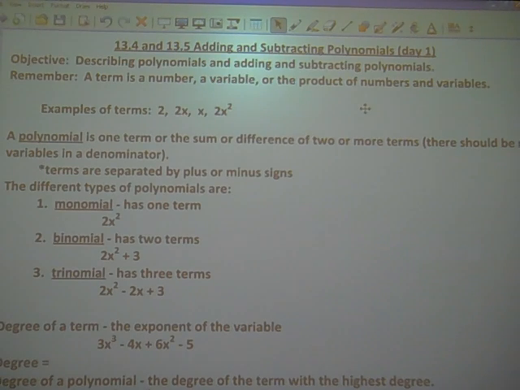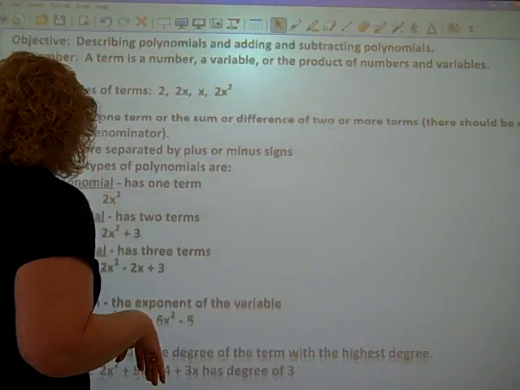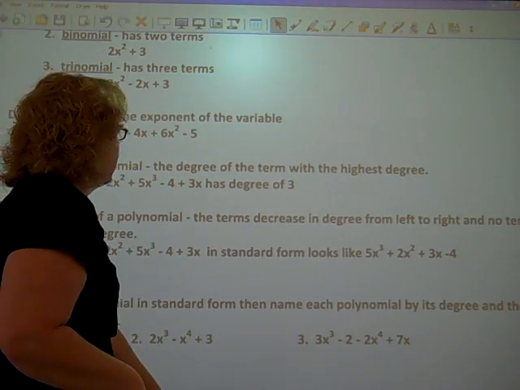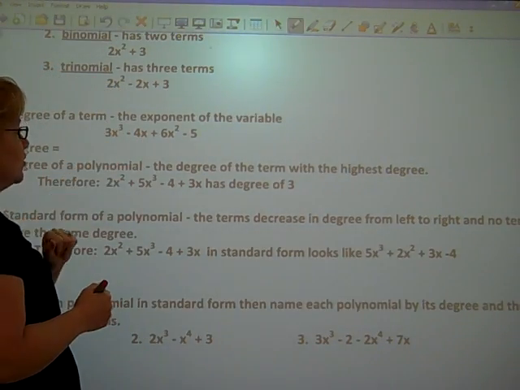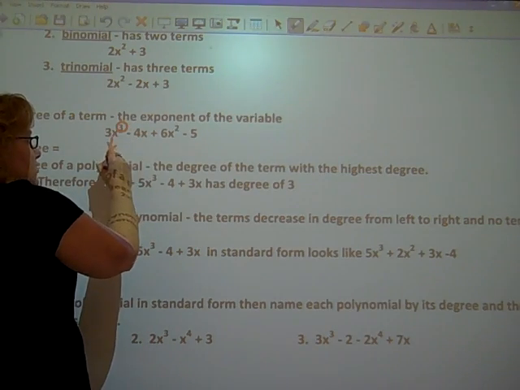Now, they're going to ask you the degree of a term. Well, actually, they're going to ask you the degree of a polynomial. But before they do that, let's talk about what that means. Degree of a term is the exponent of the variable. So, for example, this 3x to the 3rd, this term has degree 3.